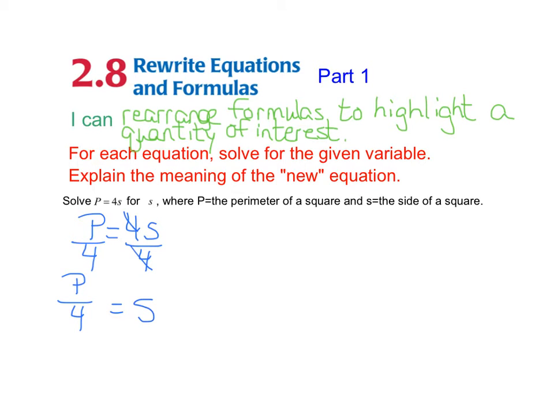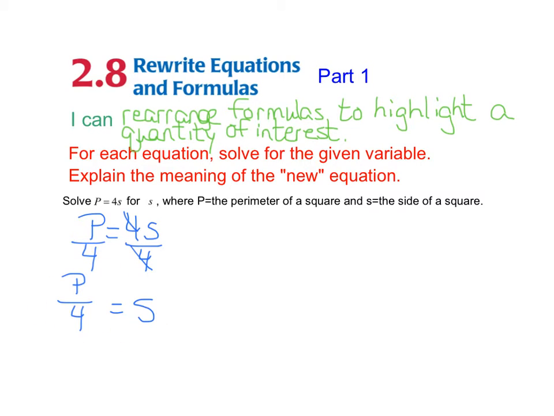Here's the part you're probably going to grumble about a little bit, and that's okay. It says explain the meaning of the new equation. Here's what they want with that. The original equation says the perimeter of a square is 4 times the side of the square. What is this new equation telling us?